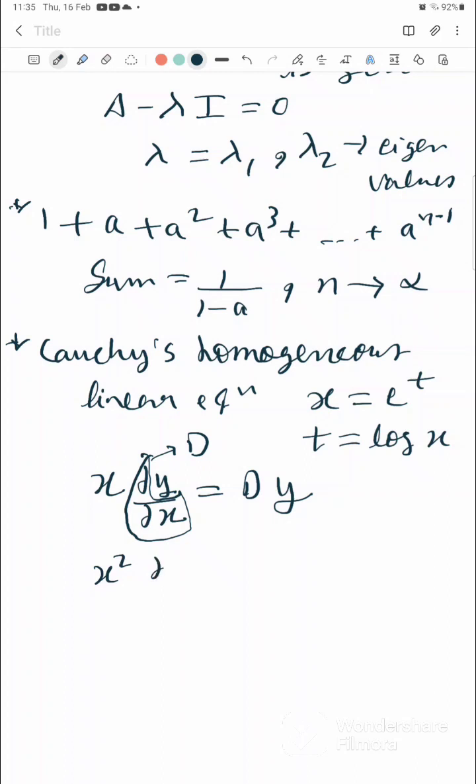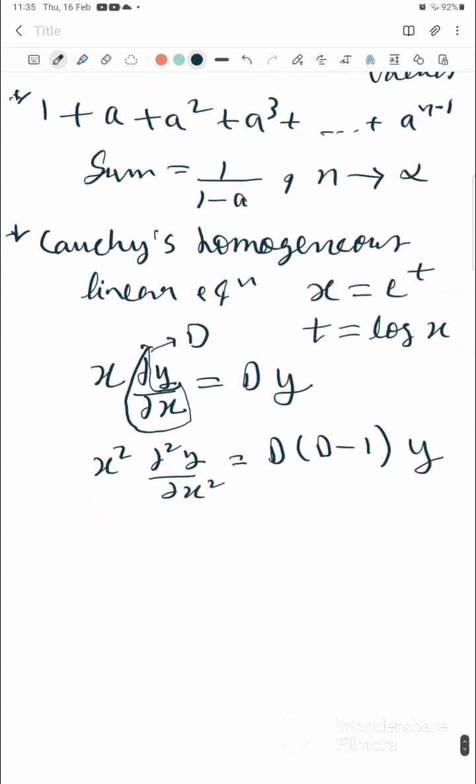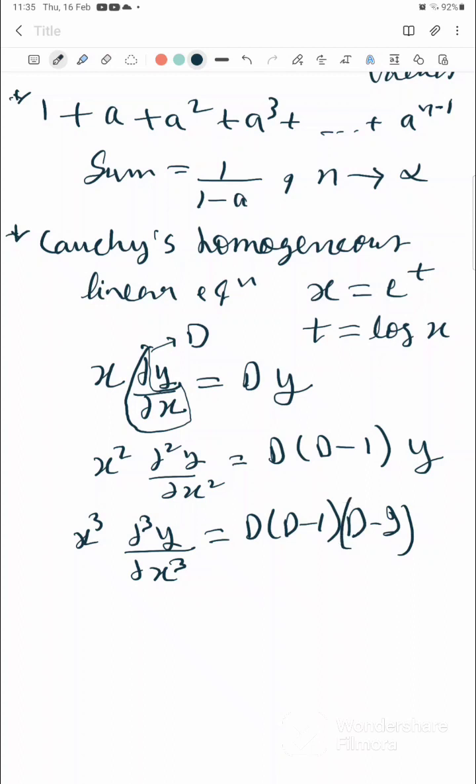Similarly x squared d squared y by dx squared is D(D minus 1) into y. x cubed d cubed y by dx cubed is D(D minus 1)(D minus 2) into y.